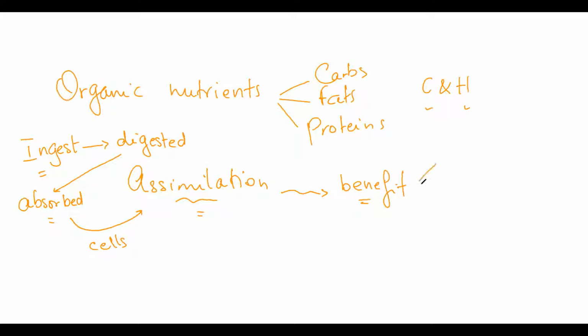In order to form materials in the cell out of the digested food. Like what, for example? They form enzymes, they form antibodies. These are materials found inside the cell that are formed from the food that we eat. And this is what's meant by the word assimilation.